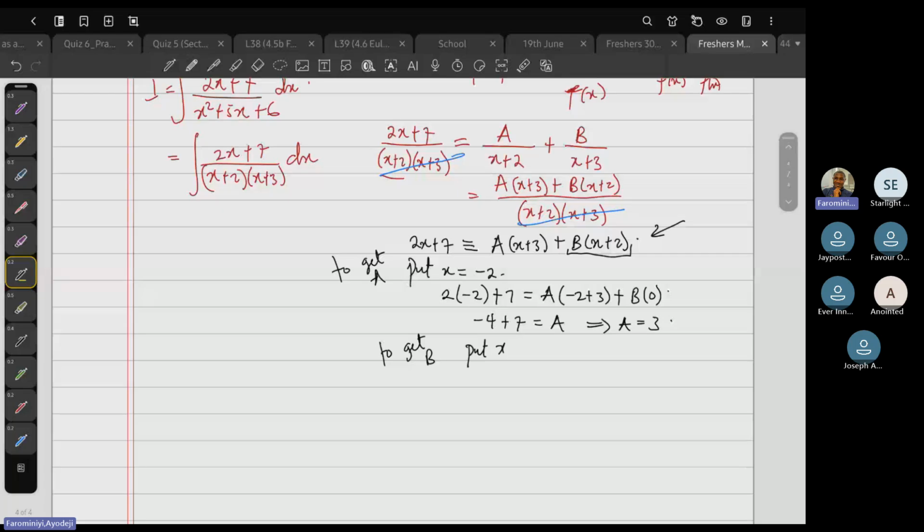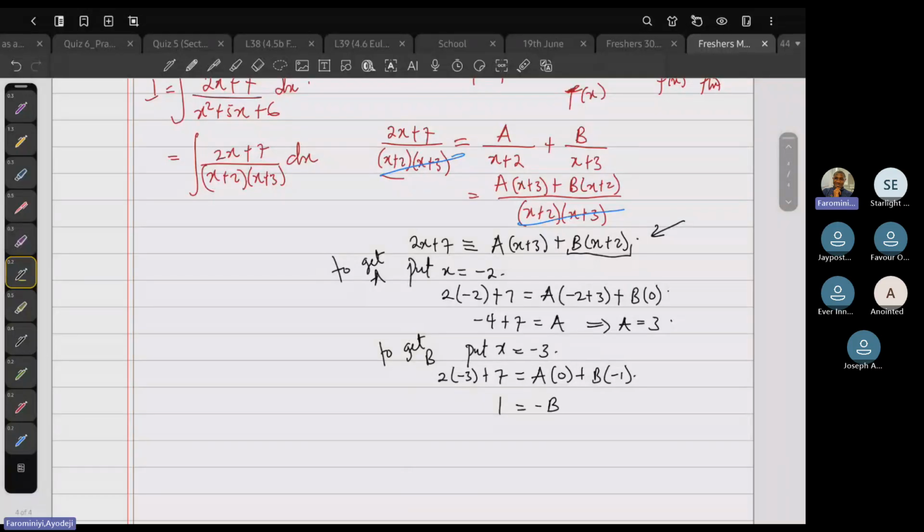So put x equals -3. If x equals -3, we have 2 times -3 plus 7 is equal to A times 0 plus B times -1. This is the one that will give us -1. So you have 7 minus 6, 1, is equal to -B.